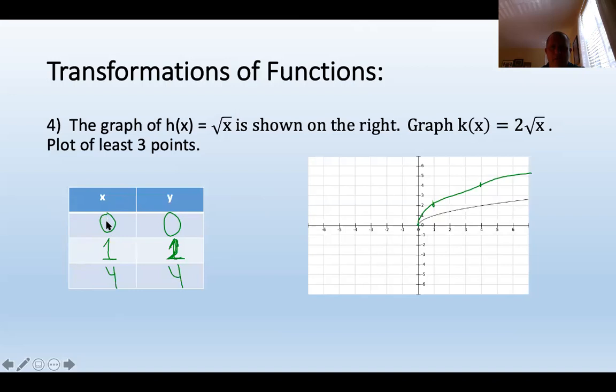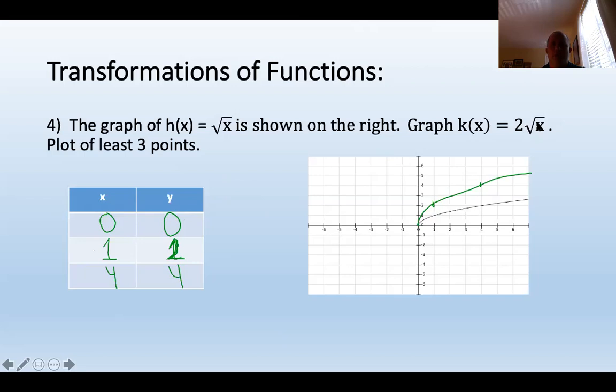If I plug in 0 for x, I'd have 2 times the square root of 0, and the square root of 0 is 0, so 2 times 0 gives us 0, so the y-coordinate would be 0. If I substitute 1 in for x, then I would have 2 times the square root of 1.